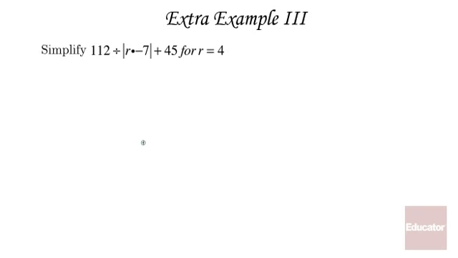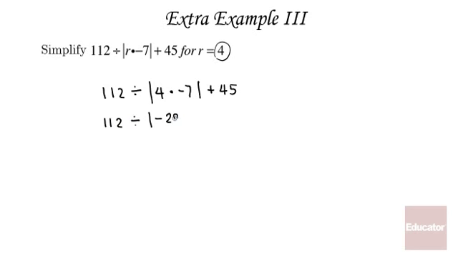We have several more operations here, and we're going to treat the absolute value symbol once again as parentheses. First, let's do our substitution. 112 divided by, in place of r, I'm going to put the value 4, times negative 7, plus 45. Let's work inside the absolute value symbol first. 4 times negative 7 is negative 28. Keep writing all the parts of the expression that you have not yet evaluated.